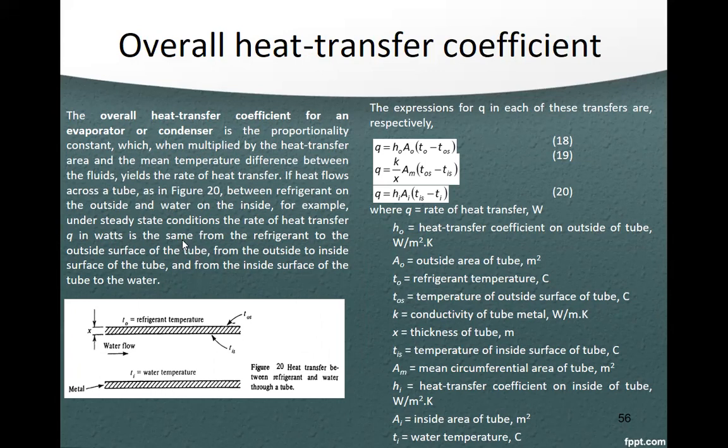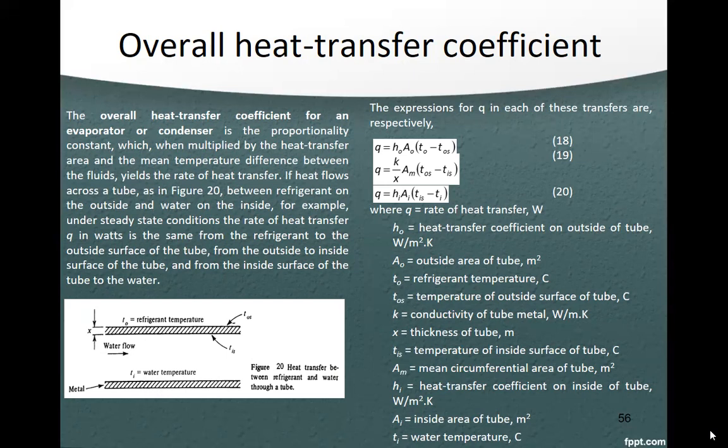If it flows across a tube, as in figure 20, between the refrigerant on the outside and water on the inside, for example, under steady state conditions, the rate of heat transfer Q in watts is the same from the refrigerant to the outside surface of the tube, from the outside to inside surface of the tube, and from the inside surface of the tube to the water.